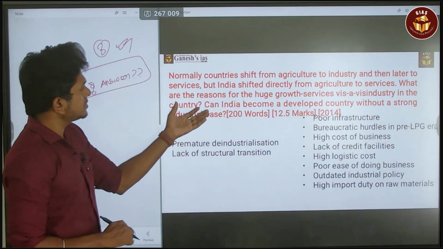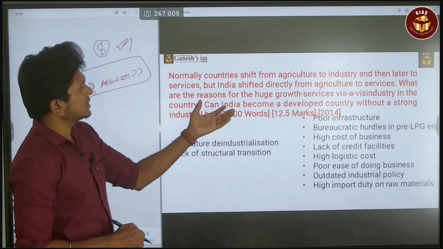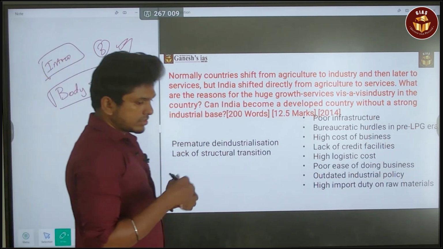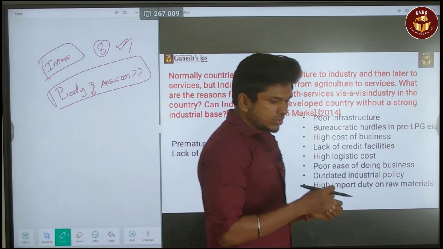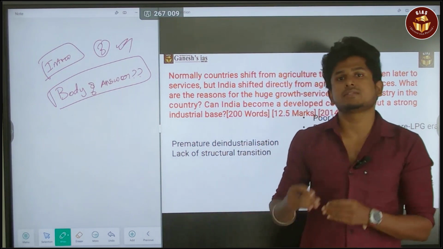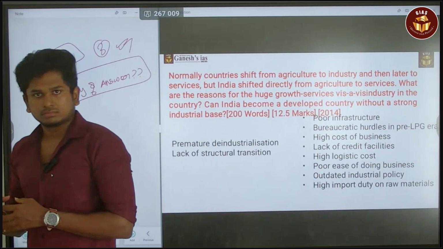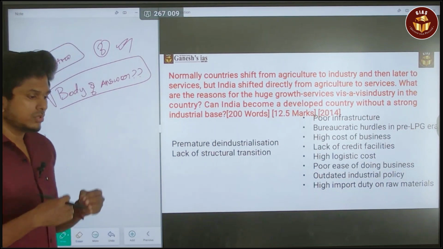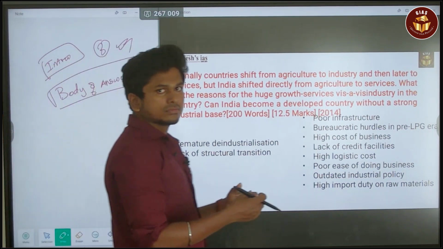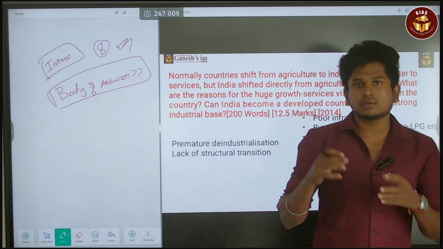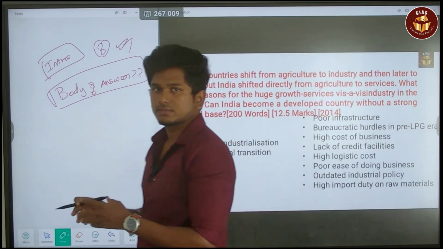What are the reasons for the huge growth in services with respect to industries? So you can say what led to the downfall of the manufacturing sector. First you have to quote that. Next, what led to the growth of the services sector? Next you have to quote that. So these are the things that are part of the body of the answer.